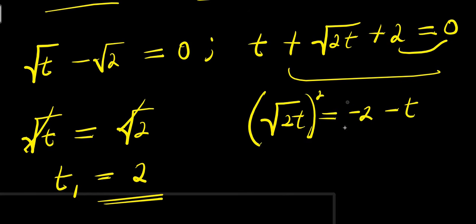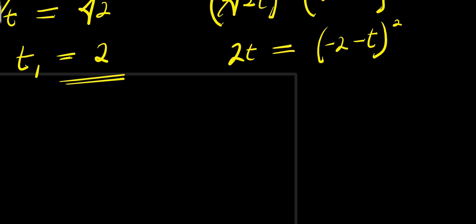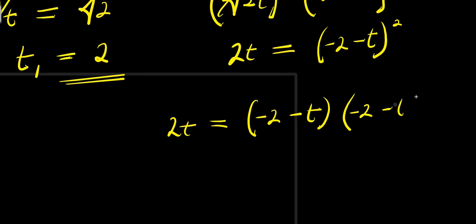Taking the squares of both sides of this equation, this cancels this. 2t equals negative 2 minus t squared. And this means we are going to have 2t equals negative 2 minus t times negative 2 minus t.